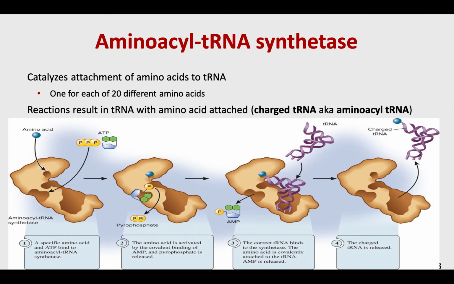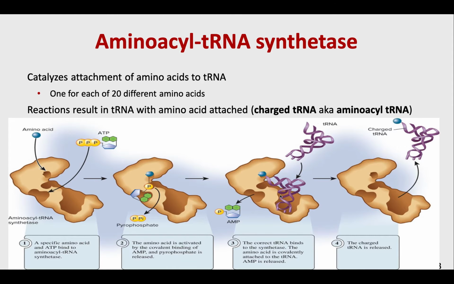So how do we get those amino acids onto our tRNA molecules? We're using an enzyme called aminoacyl tRNA synthetase. It catalyzes the attachment of the amino acid to the tRNA molecule. In this step, I don't expect you to know exactly how it happens, but we are using ATP to bind the amino acid to this enzyme.